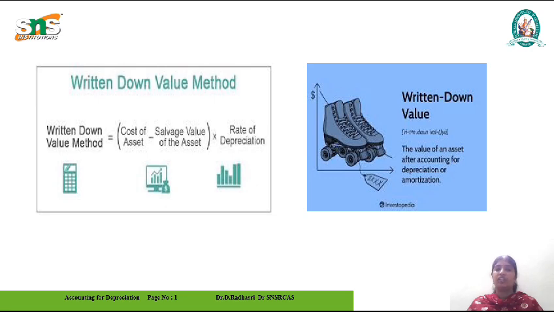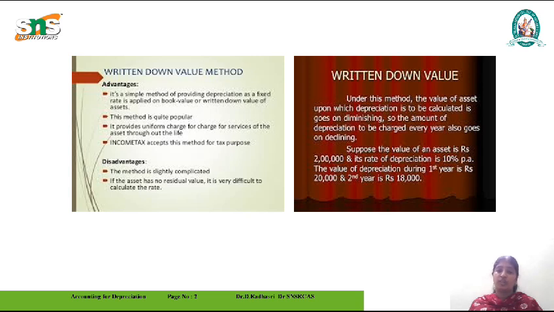In that way the depreciation is calculated as the written down value method. A fixed rate is applied on the book value or written down value of the asset. This method is quite popular. It provides a uniform charge for the service of the asset throughout its lifetime.